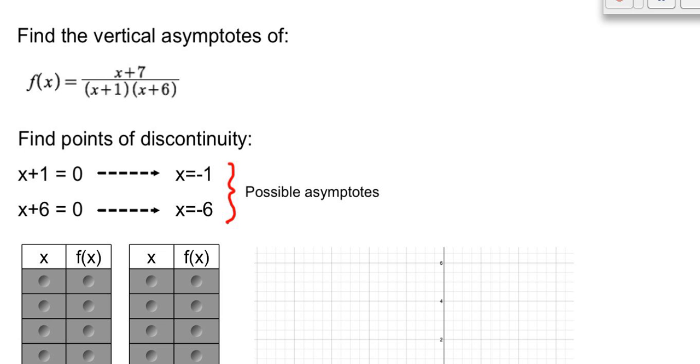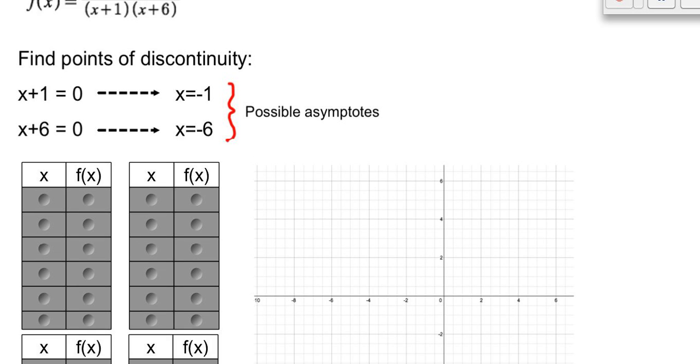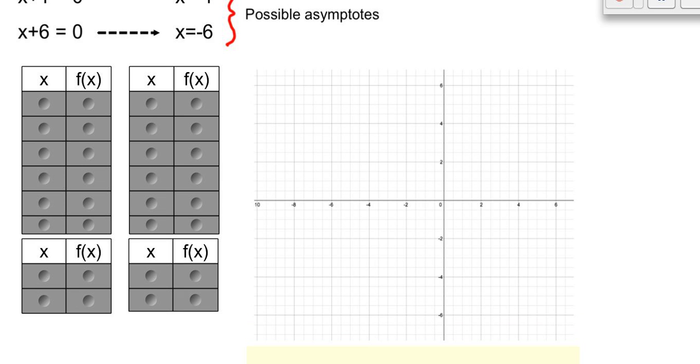If x plus 6 is equal to 0, then x plus 1 times 0 would be 0. No good. So there are going to be 2 points of discontinuity, x equals -1 and x equals -6. Those are possible asymptotes. We don't know that they're asymptotes, but they possibly could be.